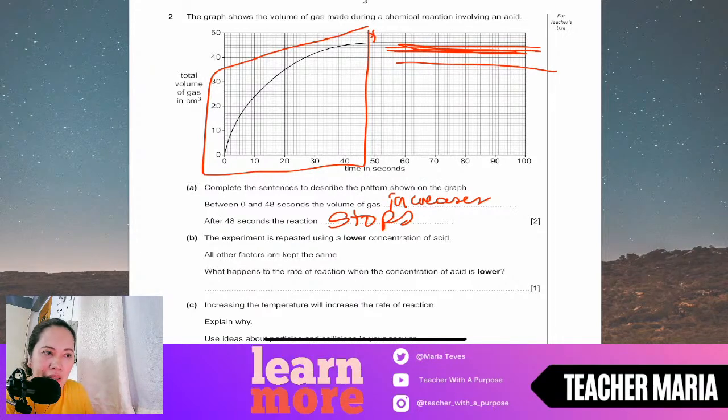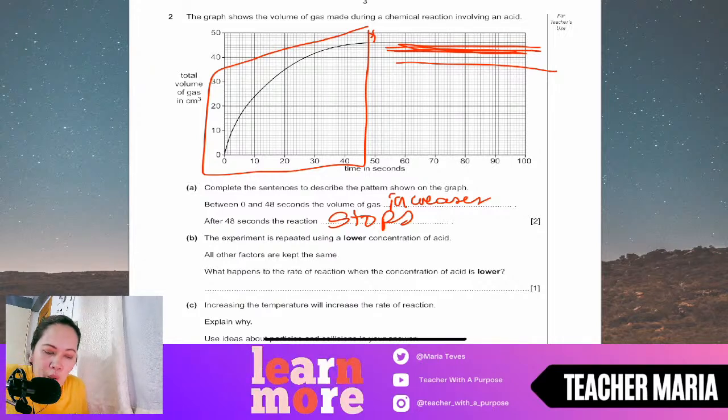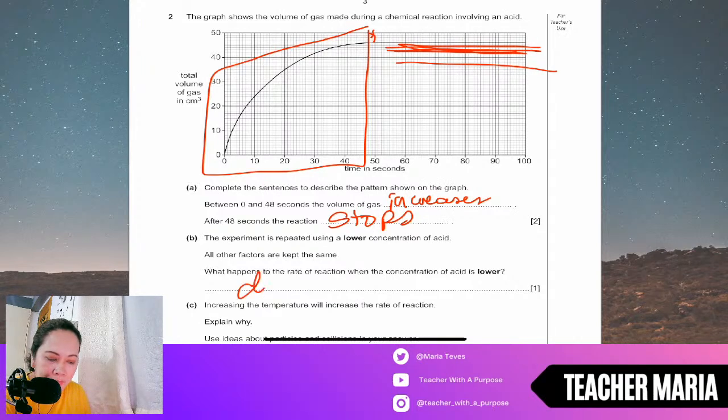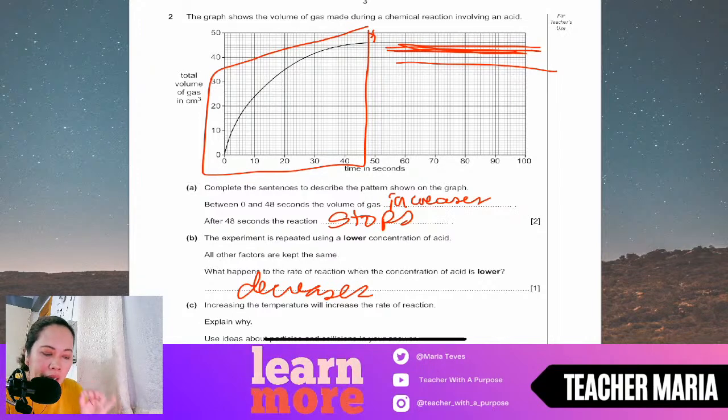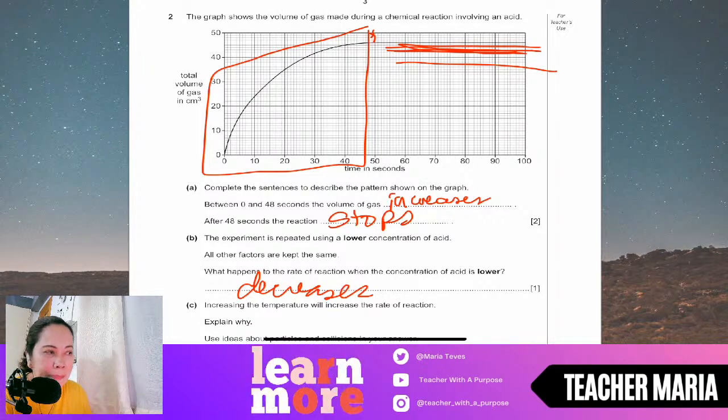What if the amount of acid is lowered? Your answer here will be that it decreases. The rate of reaction will decrease because the amount of acid, which is one of your reactants, is also being decreased. So that will be your answer.